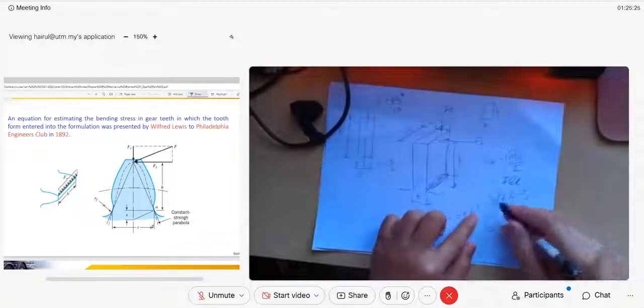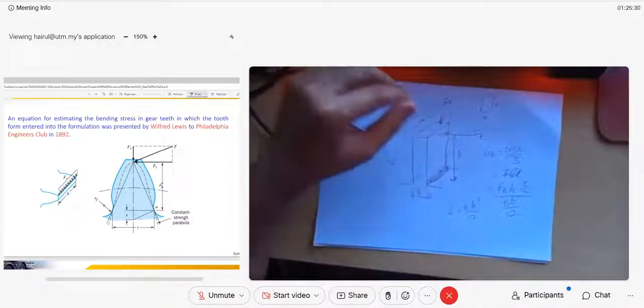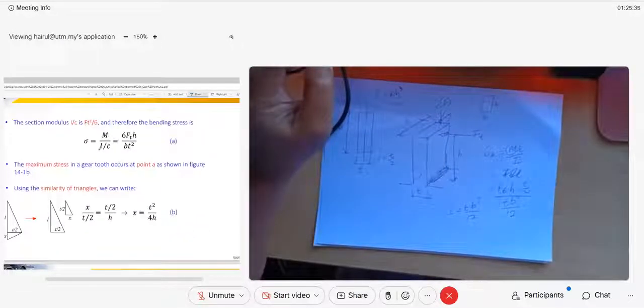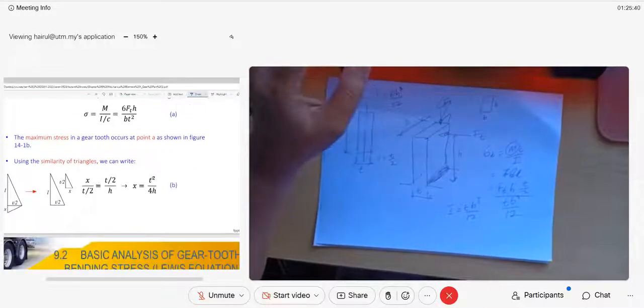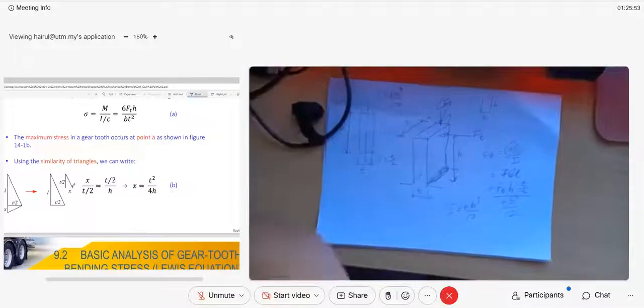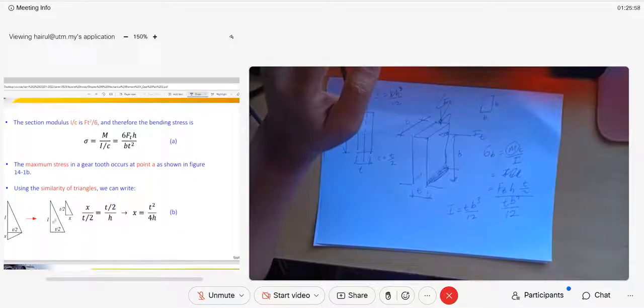So it becomes like this: your sigma bending basic equation. But if we simplify it, I just make it a shortcut. We simplify it because we have a ratio where x is t squared over 4h. This x is just a substitution because of the ratio of the triangle.